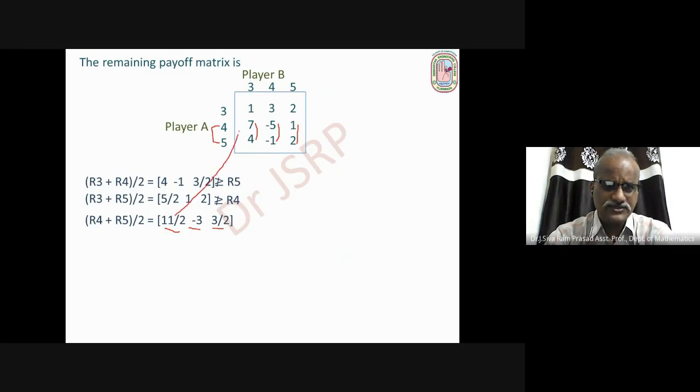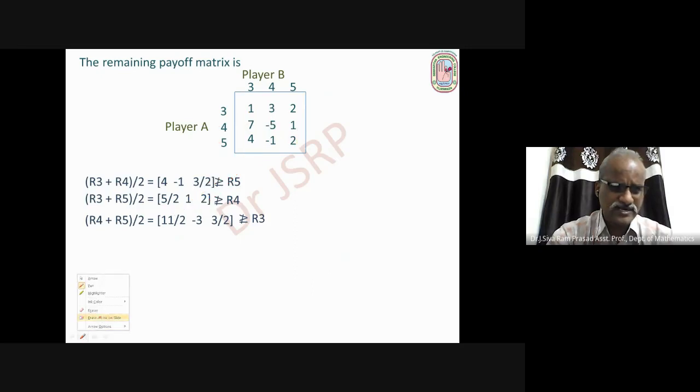So 11 by 2 is greater than 1, clearly. Here, -3 is less than 3. So we have two different inequalities. First element 11 by 2 greater than 1, second element -3 less than 3. Therefore this average is not greater than or equal to row 3. So this combination is also not comparable.